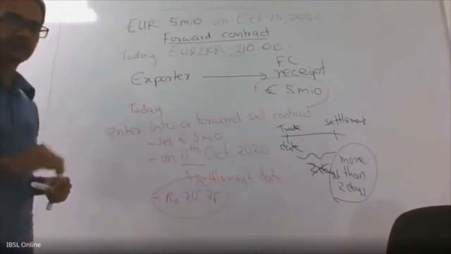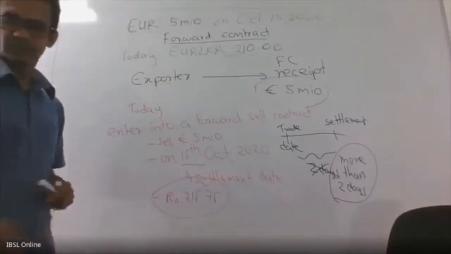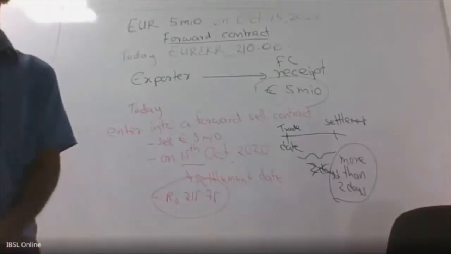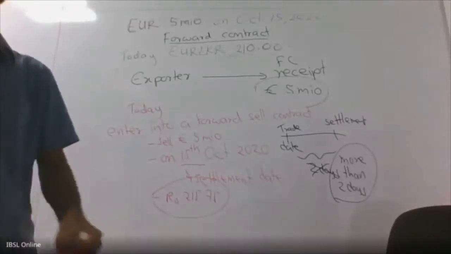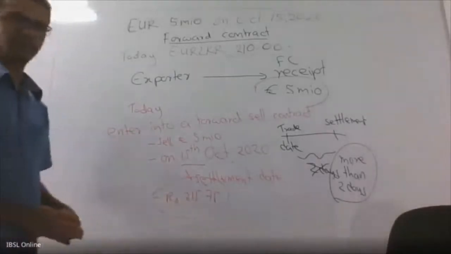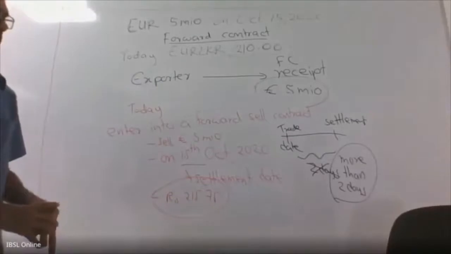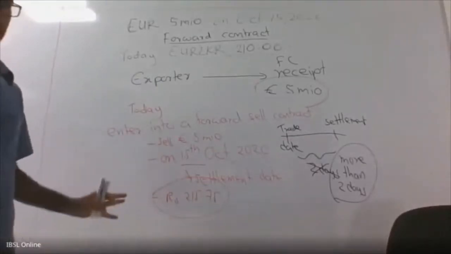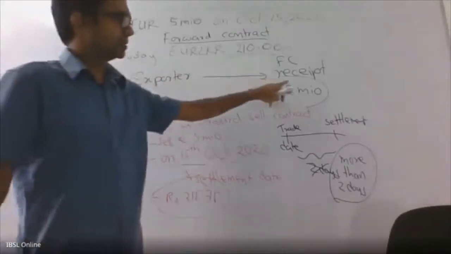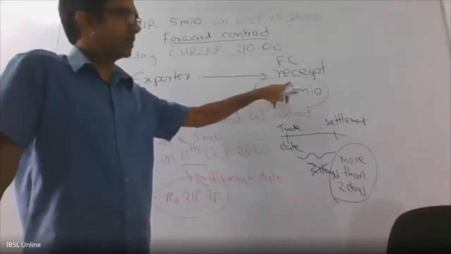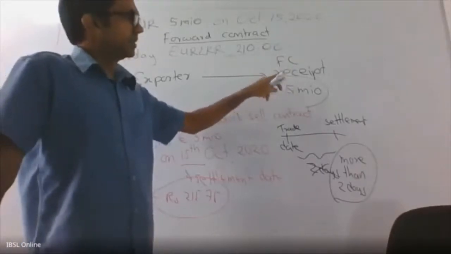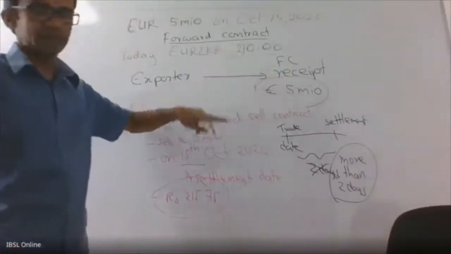That is based on the formula that we discussed last week. Is it clear? The exporter is going to receive foreign currency, or is having a foreign currency inflow in future. The risk is if the rupee appreciates.